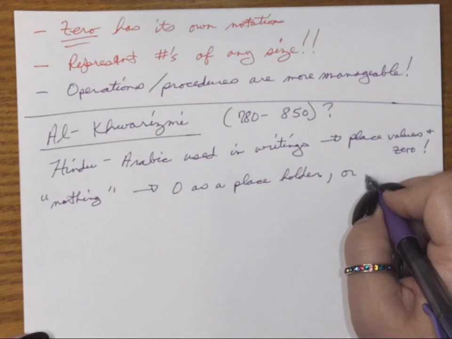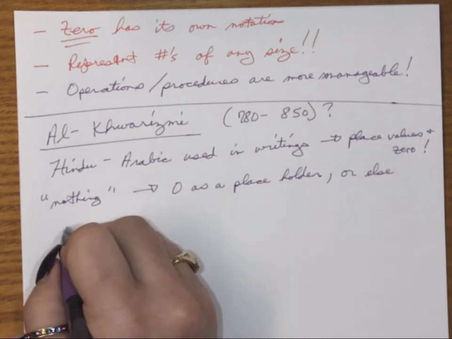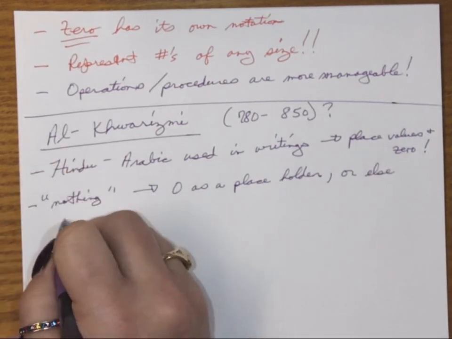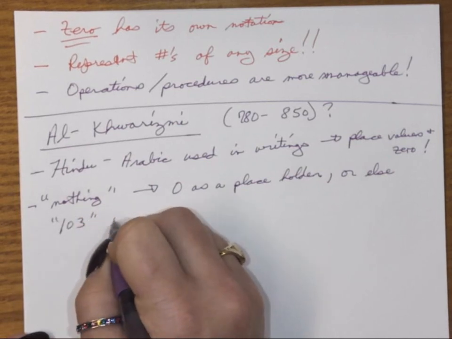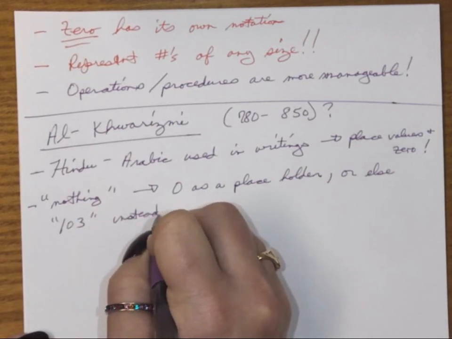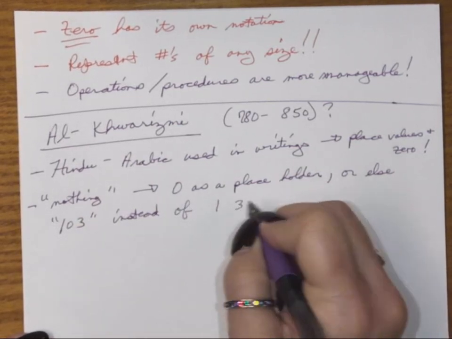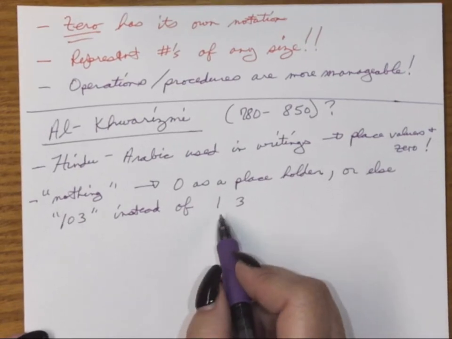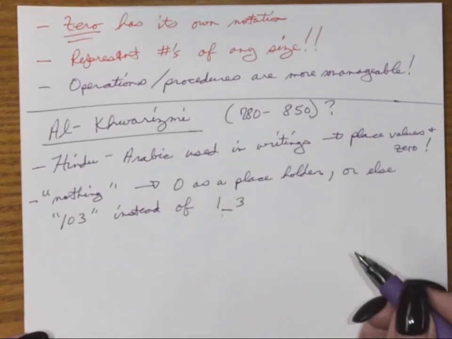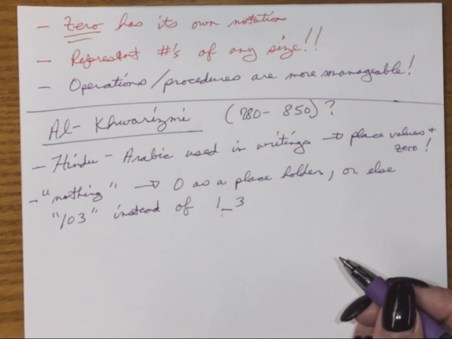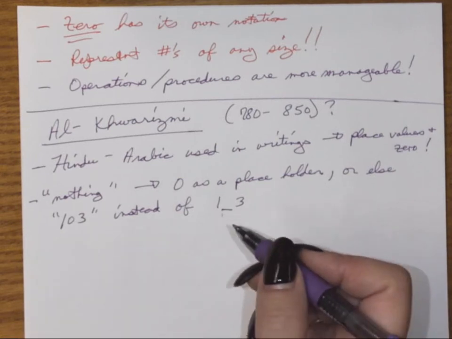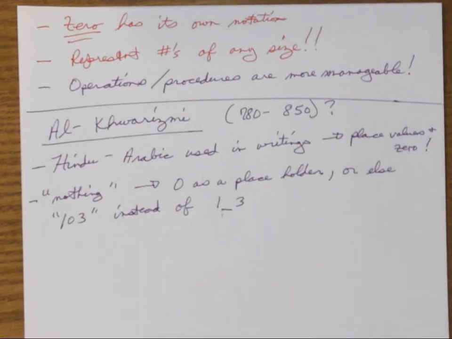Or, for instance, I could write, if I wanted to say 103, instead of 1 and 3, and maybe I leave just a little bit of a gap in there to show that there's a place value in there. But instead, I don't have to do that.